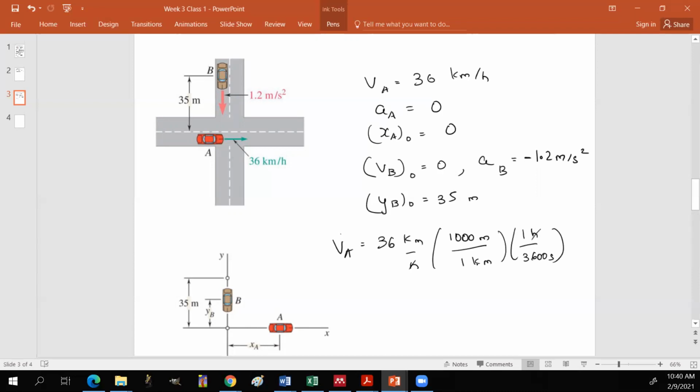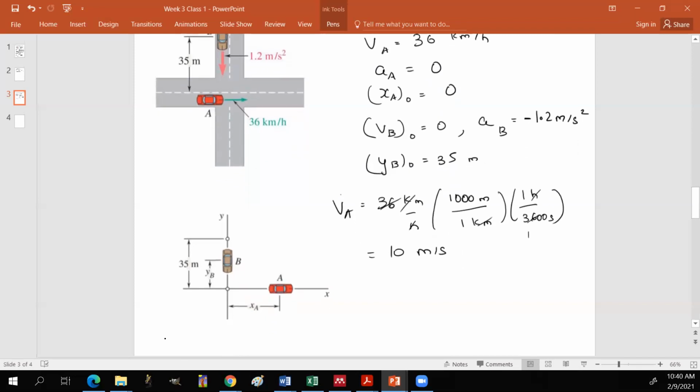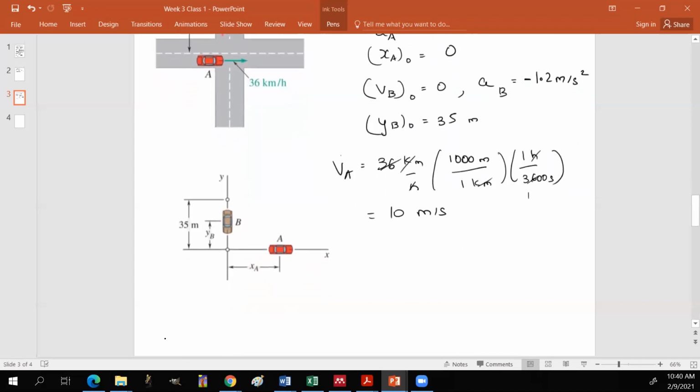So the hour cancels, the kilometer cancels, so that 36,000 over 3,600 leaves you with 10 meters per second for this one, right? So for A, we have uniform motion, right? There's no acceleration.